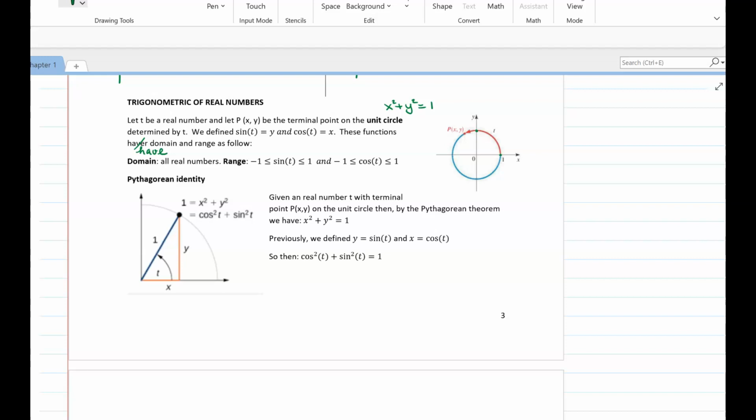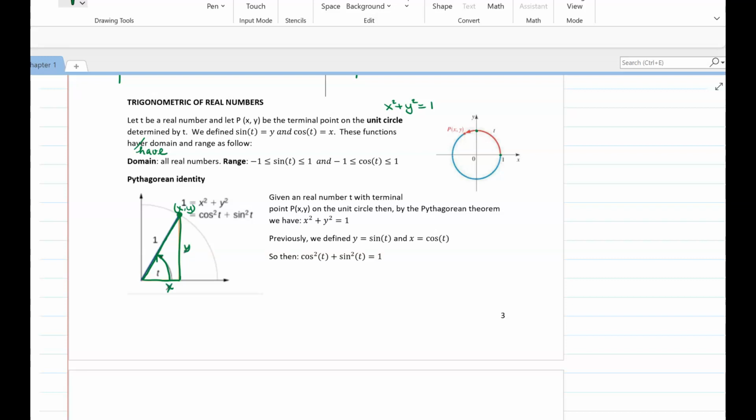If the point (x, y) is a point on the unit circle, and this is of radius 1, I can draw a triangle on the unit circle. Now t will be this angle, and this distance here is y and here is x.